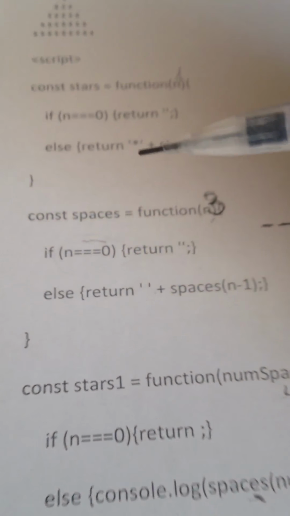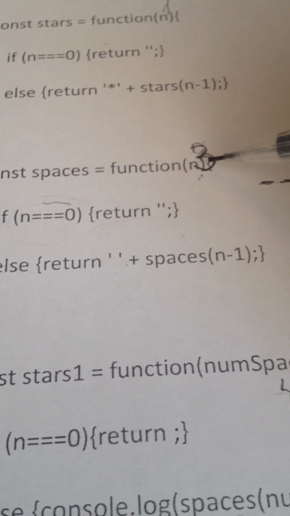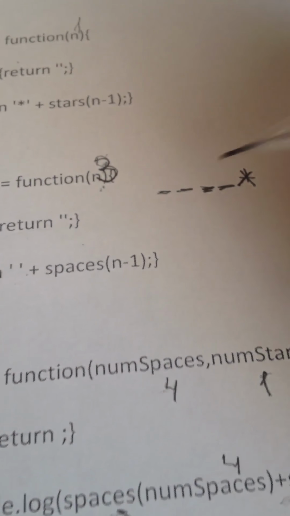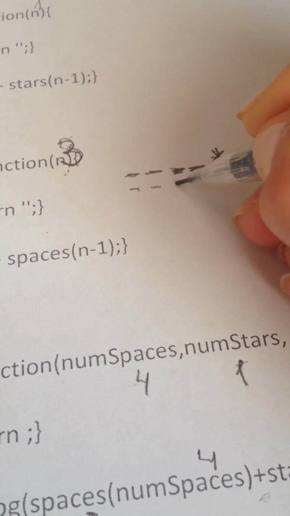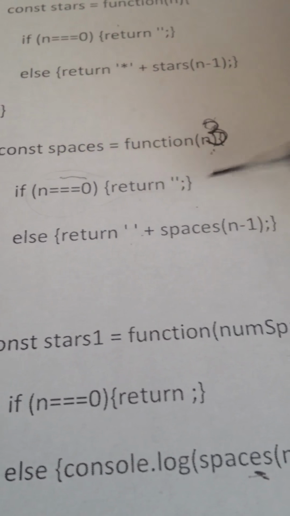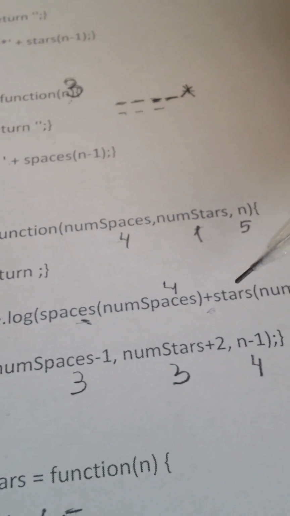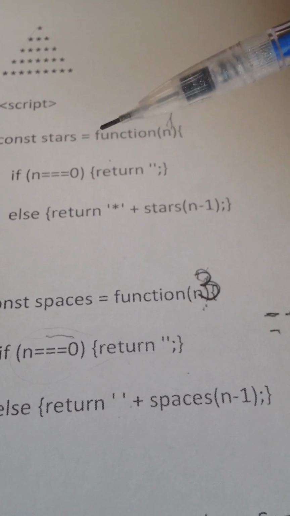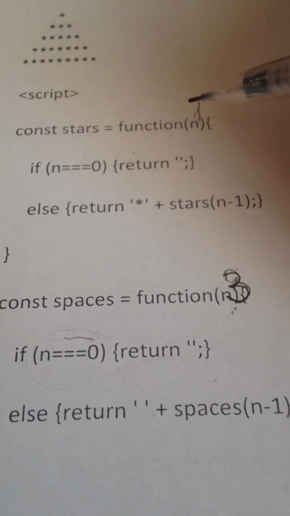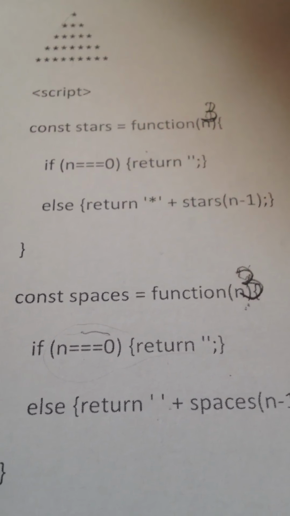So back again, we're going to the function spaces, having the argument of 3, and it is going to print 3 spaces. After that, the argument is going to be 0, so it's not going to return anything else. Then it is going to concatenate the spaces function with the stars function. And the stars function here is going to be 3, the argument.